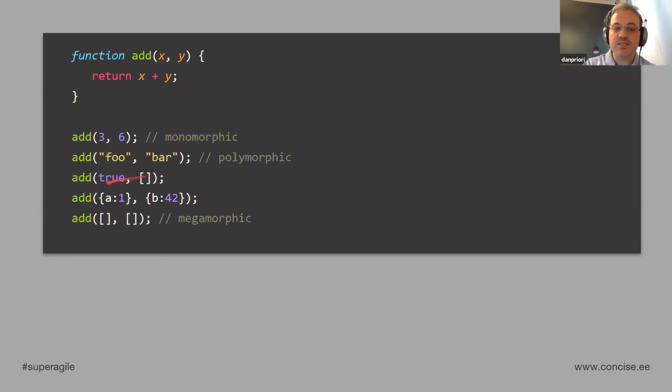But in the third time, we change the type of arguments. We change it again, so the engine goes back to the parse phase, compiles, and translates to machine code. And the fourth time here, we change it again, with megamorphic types.